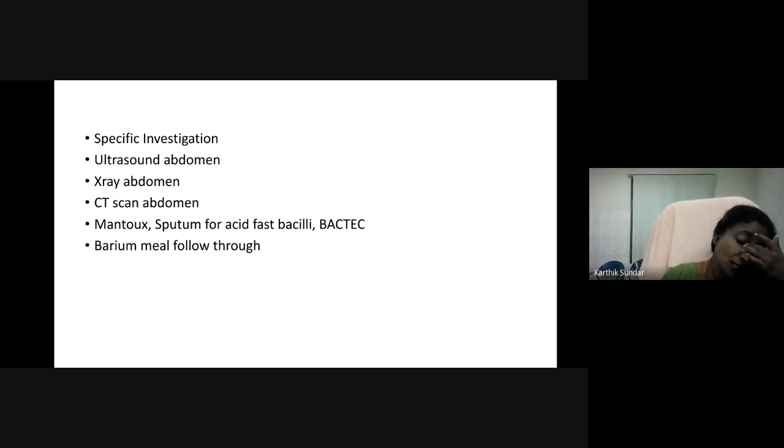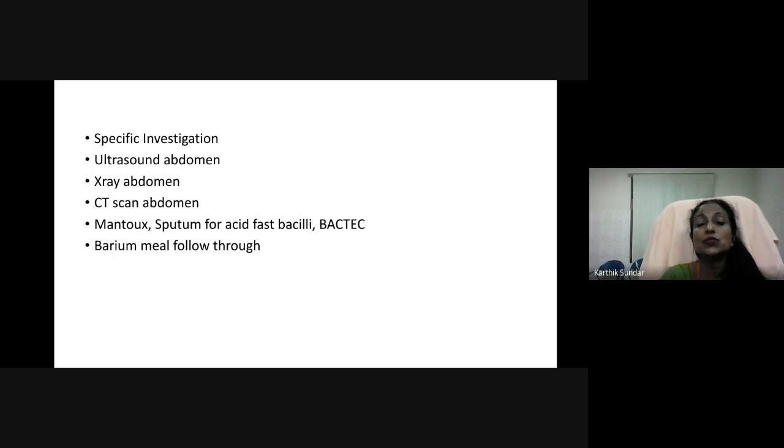Because of the dilatation of the bowel, we'll be able to understand that there is an associated obstruction or a stricture. So that is why you take an X-ray of the abdomen. For an X-ray abdomen, supine position is more than sufficient.